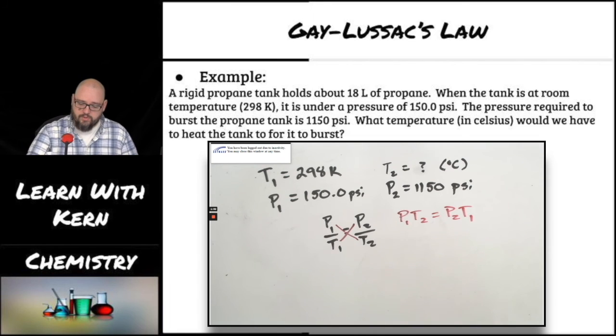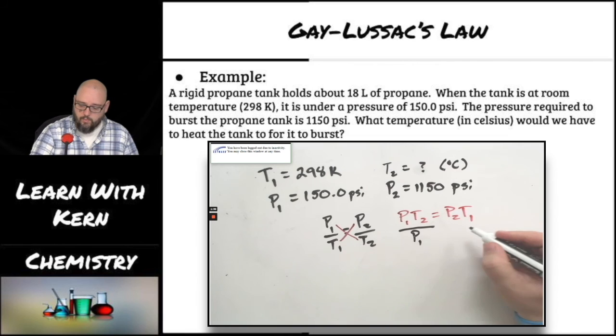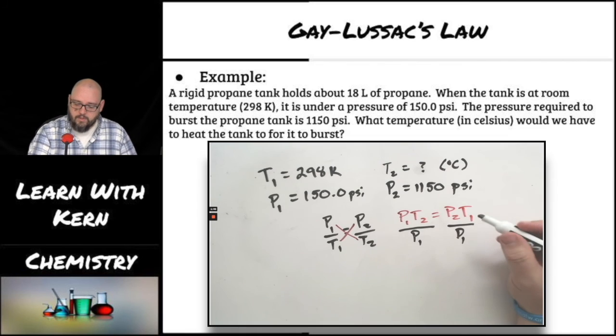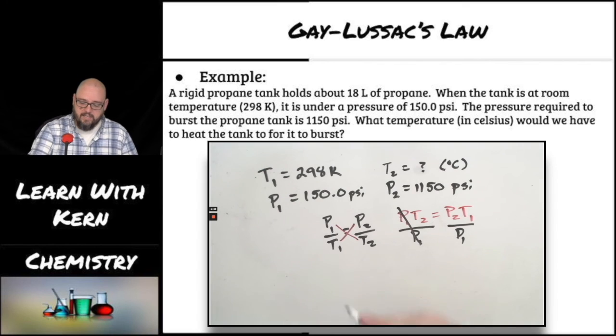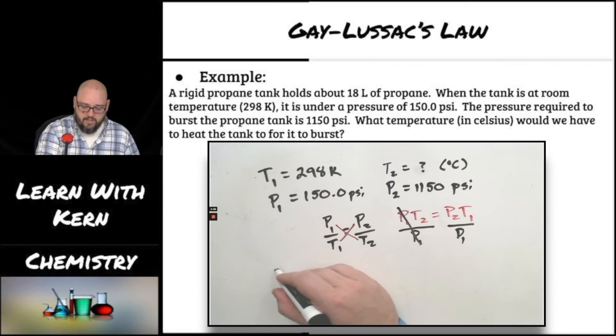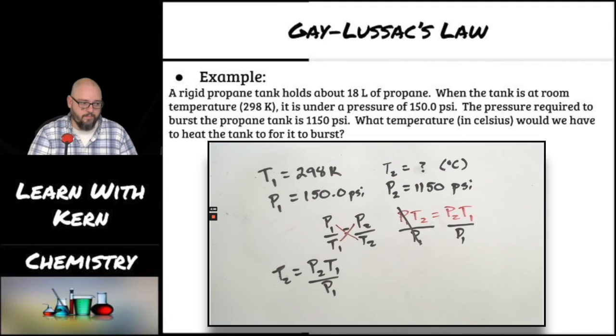And then we are going to solve for T2, which means we're going to divide both sides by P1, so that the P1s will cancel out on this side, leaving us with the equation of T2 is equal to P2 times T1 divided by P1.